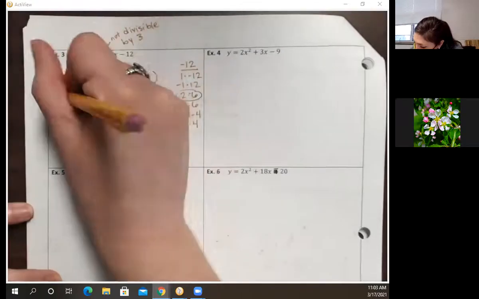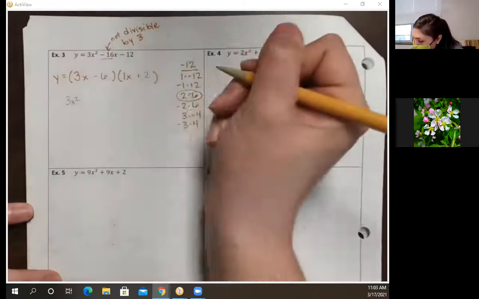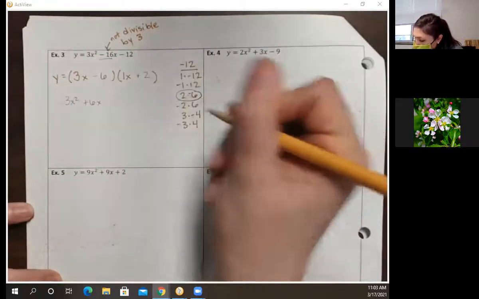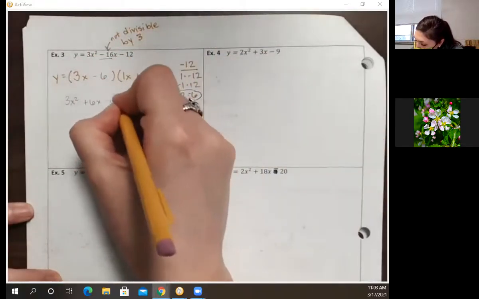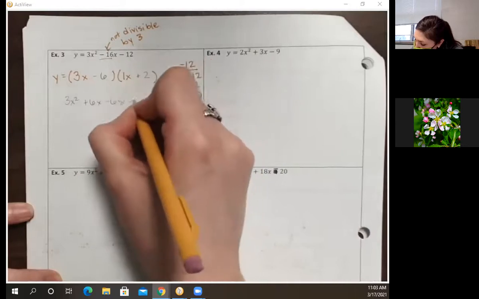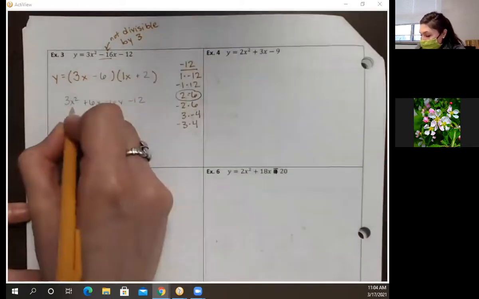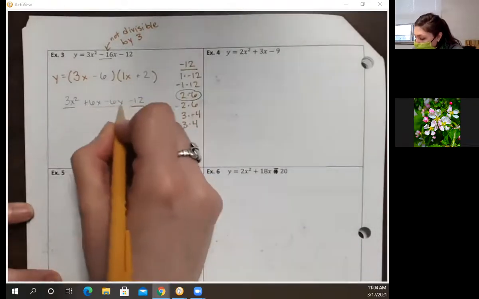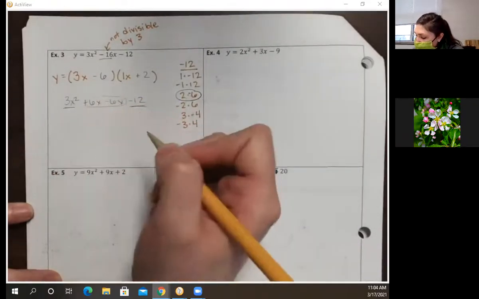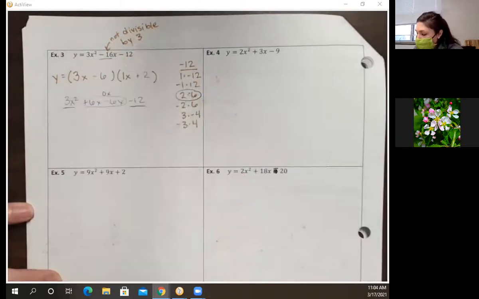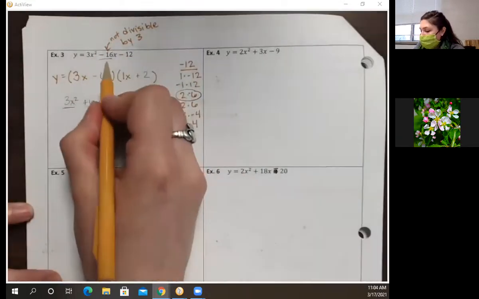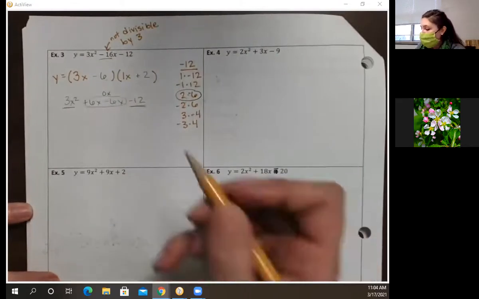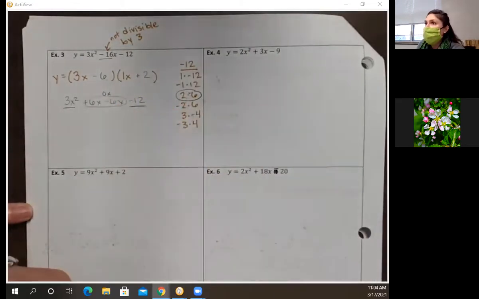So this would give me 3x squared plus 6x minus 6x minus 12. The first term and the last term look great. Let's combine our x terms in the middle. 6x minus 6x would be 0x. These are not the same. So I know that particular combination, this ordering that I have isn't right.